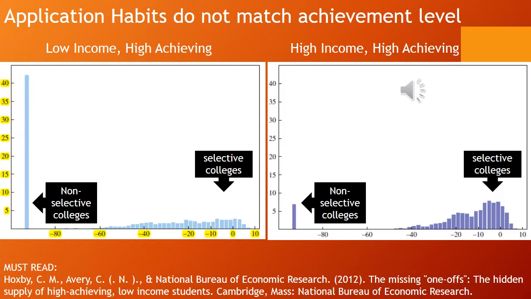So you can see that high-income, high-achieving students are applying to many selective colleges and not very many non-selective colleges. However, low-income, high-achieving students apply mostly to non-selective colleges, and very few of them apply to selective colleges.